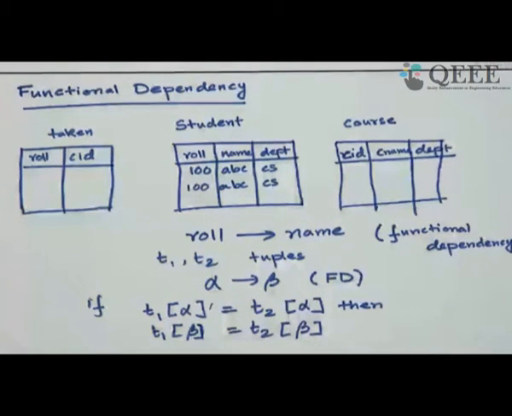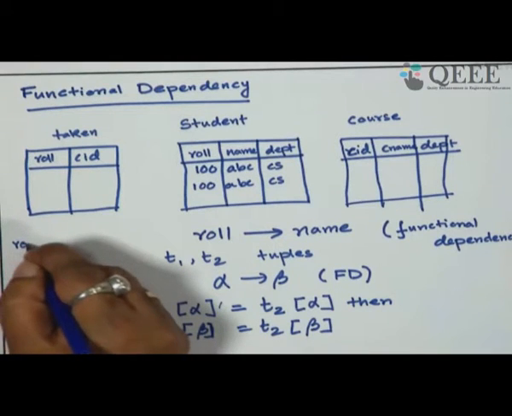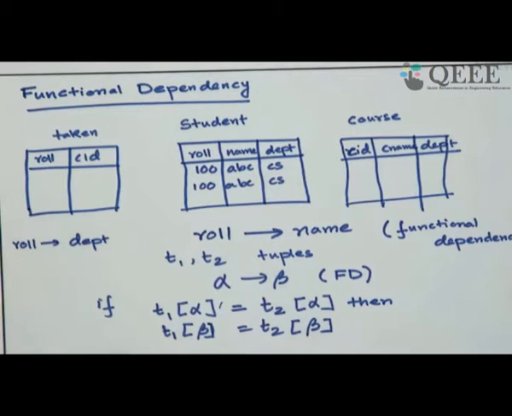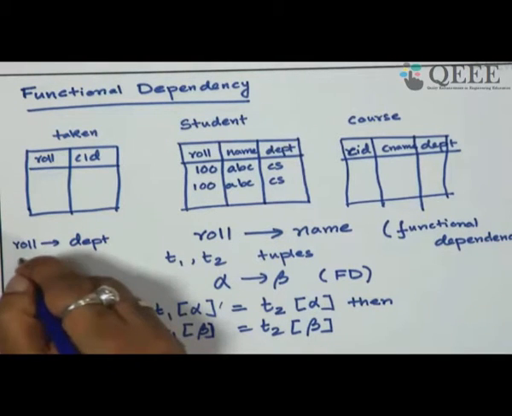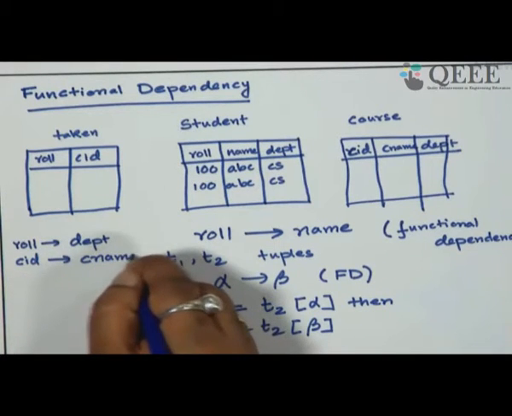Let me see. No, please think, what are the functional dependencies here? Roll to name is a dependency. Roll to department is a dependency. Course ID to course name is a dependency.